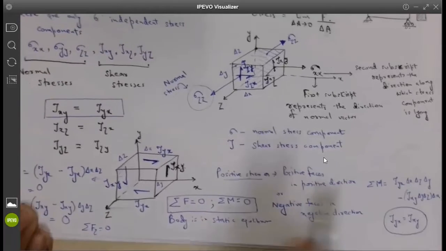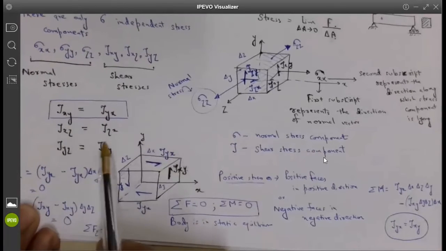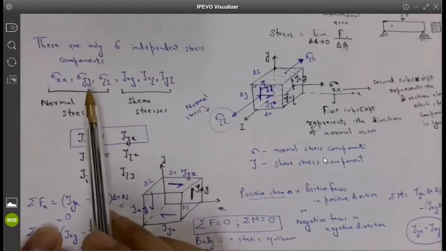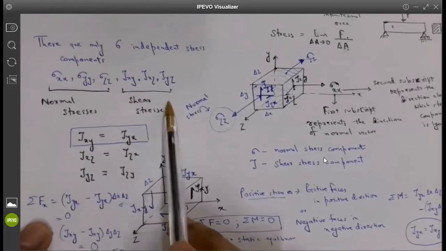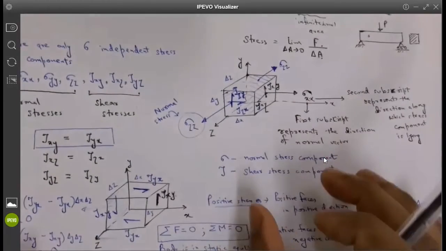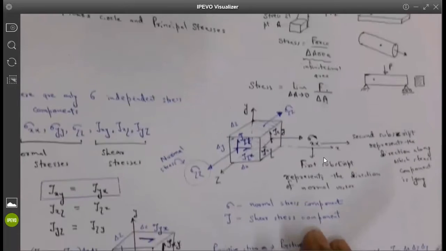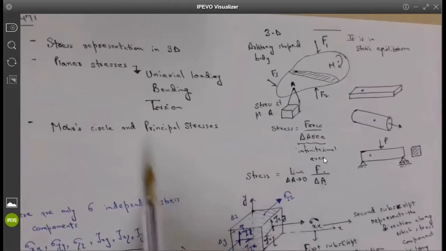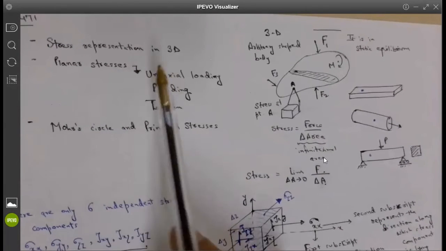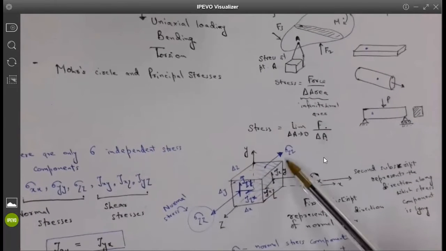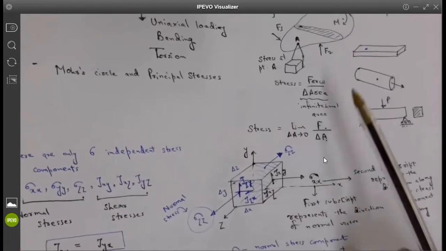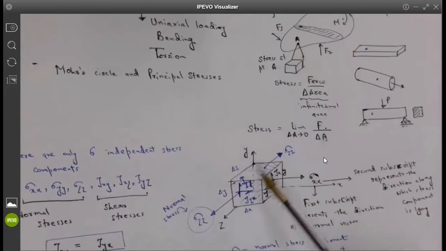So that is why I said these are equal in magnitude, and that is why we have only 6 independent stress components. 3 of them are normal and 3 of them are shear. This is what we call the 3D representation of stresses. We started with this concept, stress representation in 3D. It means that for any point in a material, you have this representation in 3-dimensional coordinates.